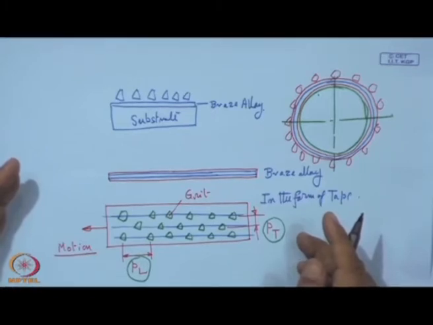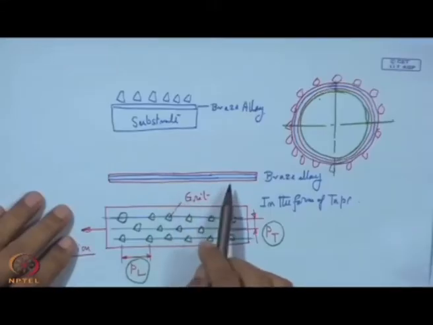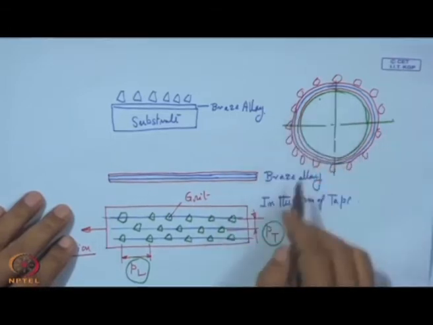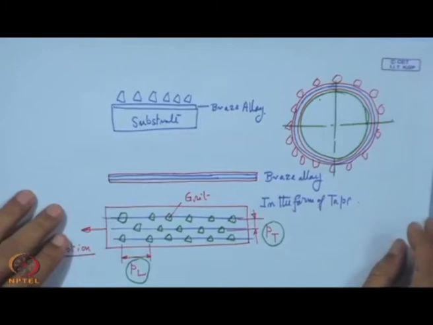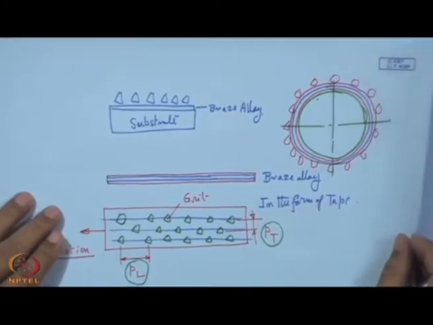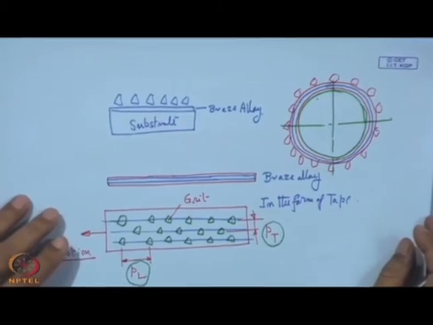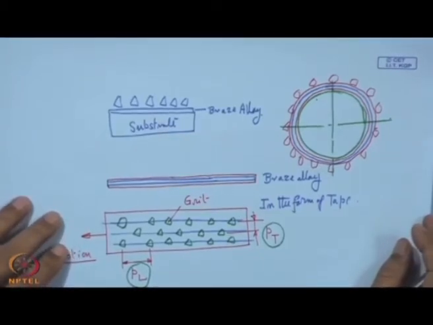By changing the size and the orientation, we can have this kind of arrangement. What is important is that this tape, which comes in the form of plastic bonded, should be useful for fixing the grits, and by wetting, brazing can be done effectively. This is going to be one of the most effective technologies, using the wetting property of the brazing alloy for easily and conveniently fixing those grits.